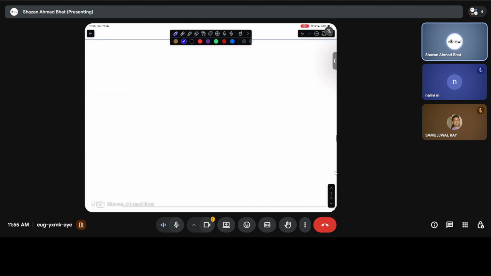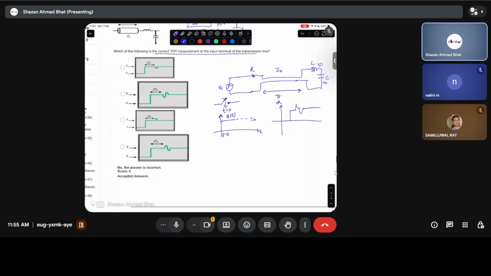But now we have both L and C present here. Because it's encountering the inductance first, the reflected voltage, which is going to start after a certain time, is going to have the inductance peak, and a capacitance down peak, and then the voltage will remain the same. That's exactly what is shown.